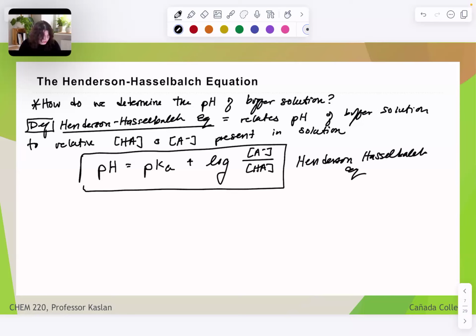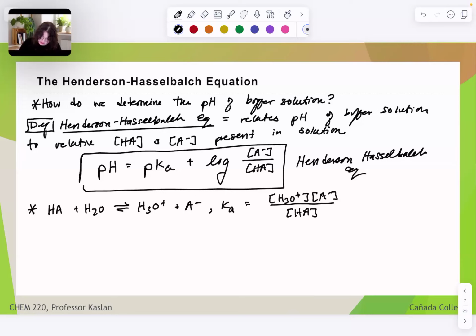And where does this come from? So let's suppose that I've got some HA that is dissociating in water that is described by some Ka, which would be equal to H3O plus times concentration A minus over concentration HA at equilibrium.